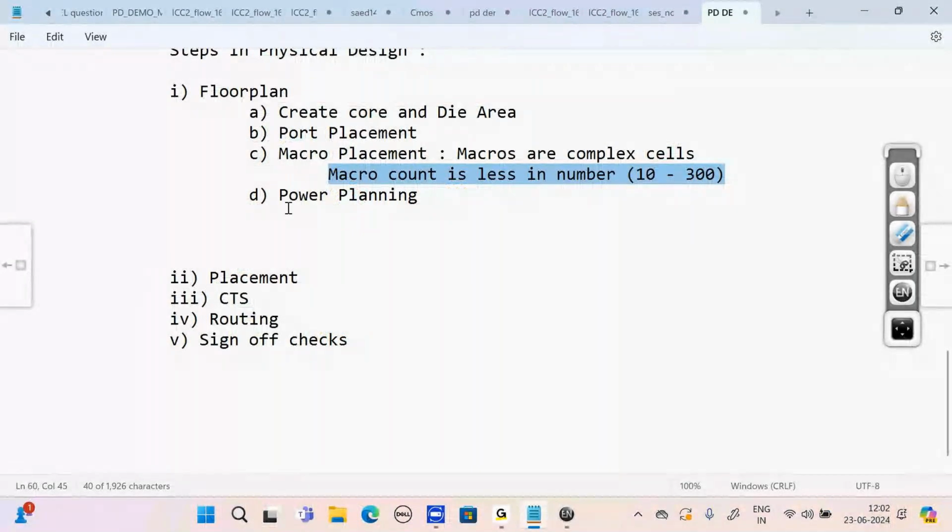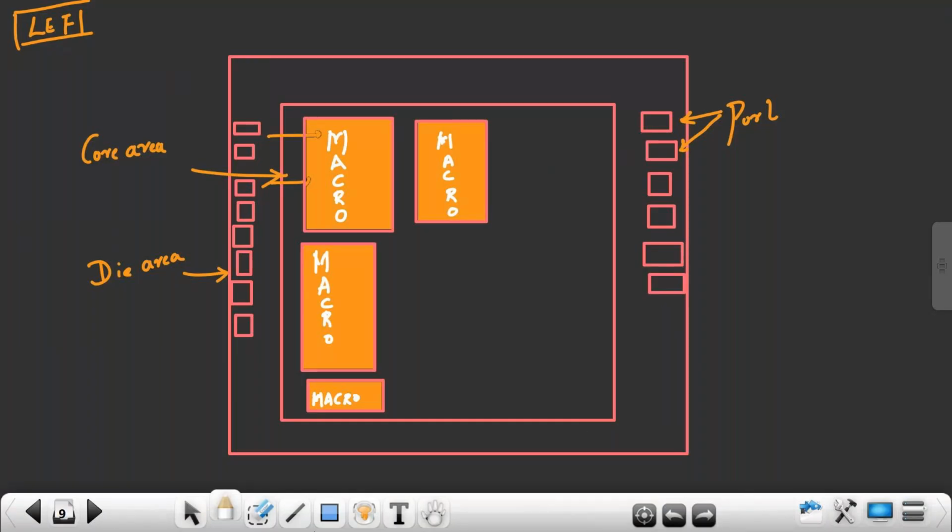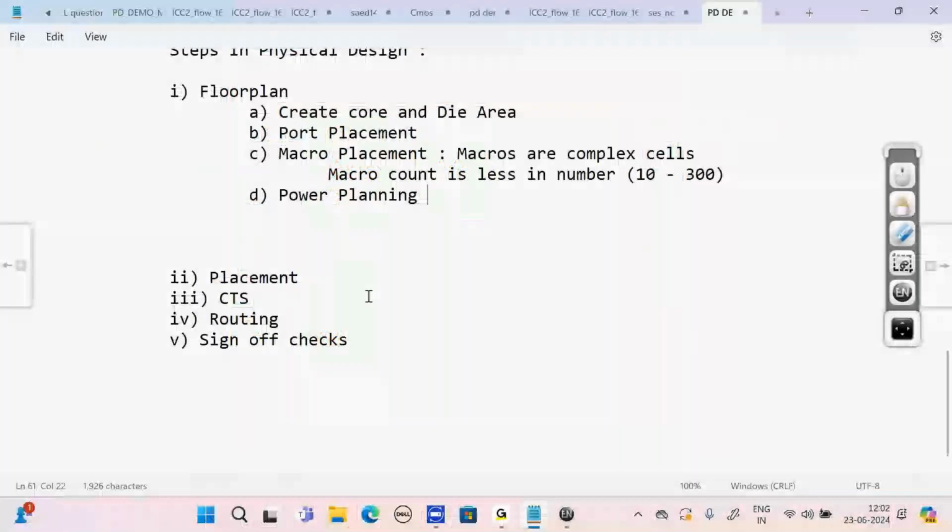So next we'll do what? Power planning. Why is it required? See, for every layout of cells which I am going to place in future, I have not yet placed the cells, but I am going to place them in the placement stage.